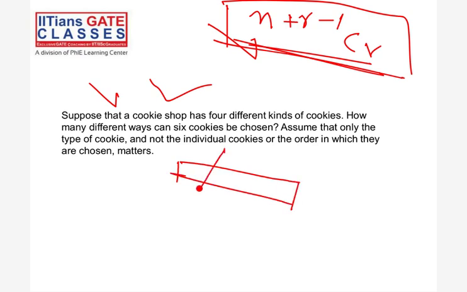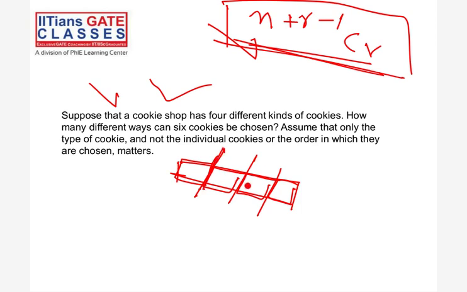This is cookie one, this is cookie two, this is cookie three. Let's assume this is cookie number one. All the cookies in this set are identical. Similarly, all the cookies in this set are identical, and all the cookies in this set are identical.